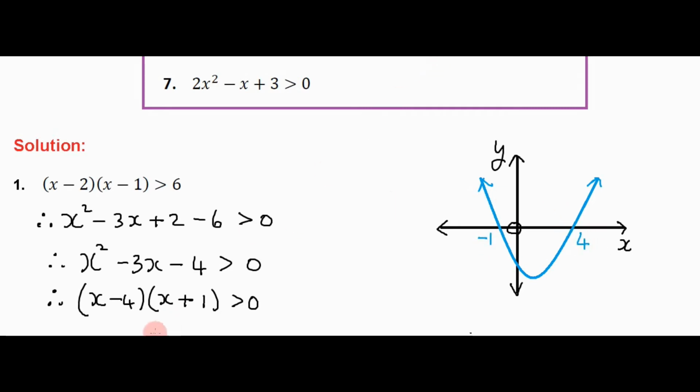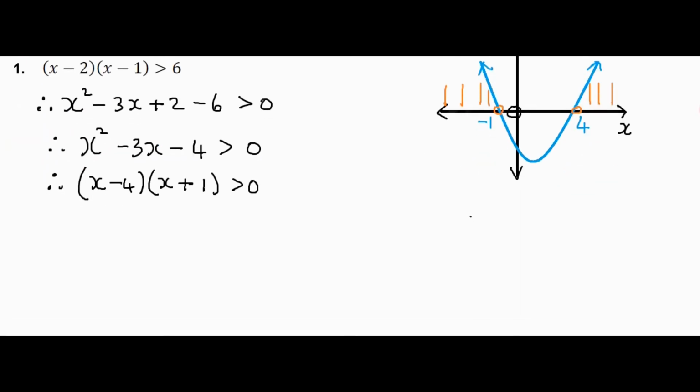Now we want the left hand side to be strictly greater than 0. Another way of putting that is that the parabola must be positive or above the x-axis. And we see that to the left of negative 1, the parabola rises above the x-axis, as well as to the right of 4. So also here it rises above the x-axis.